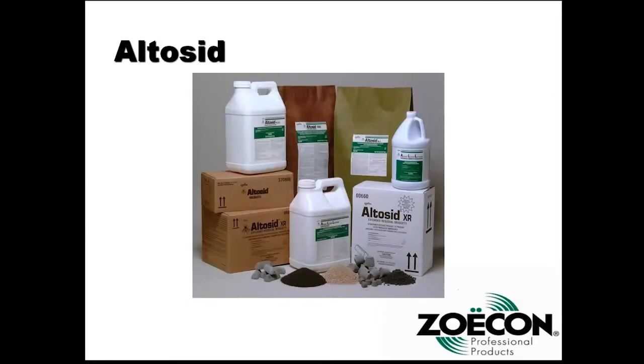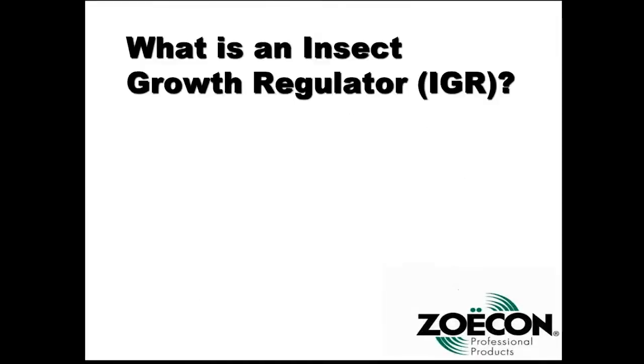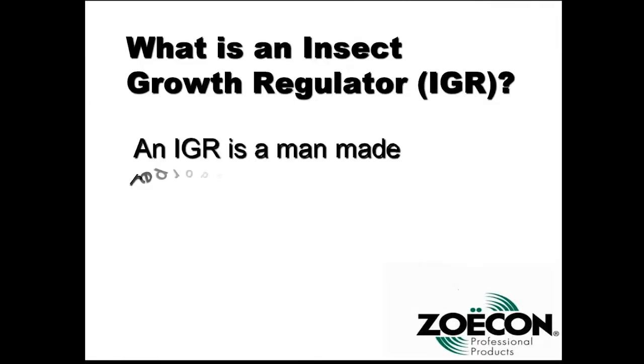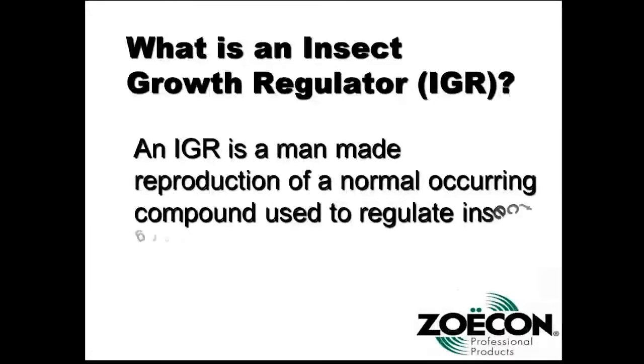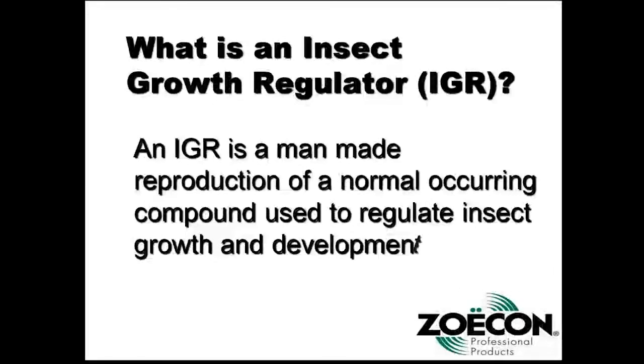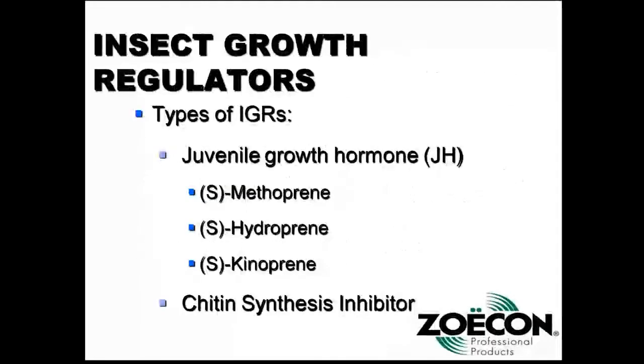An insect growth regulator is a man-made reproduction of a normally occurring compound in the insect. And really, we came up with methoprene, hydroprene, and kindoprene, which are juvenile growth hormones. The other types of IGRs are chitin synthesis inhibitors.